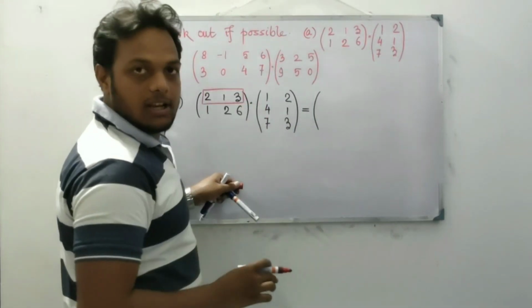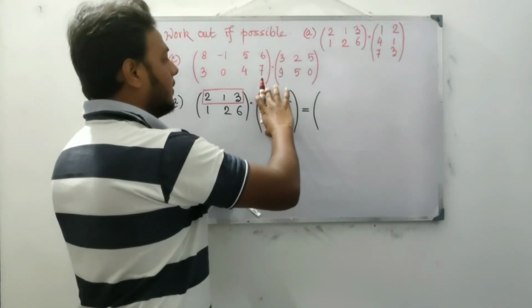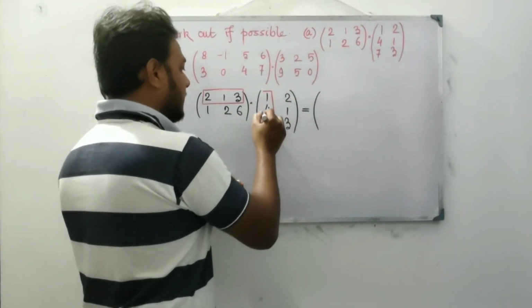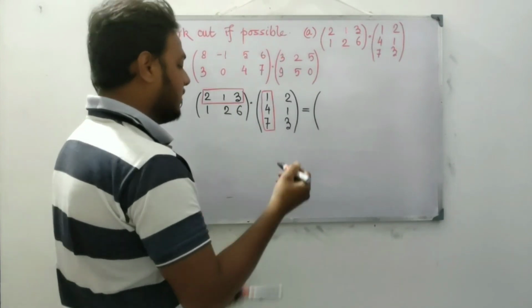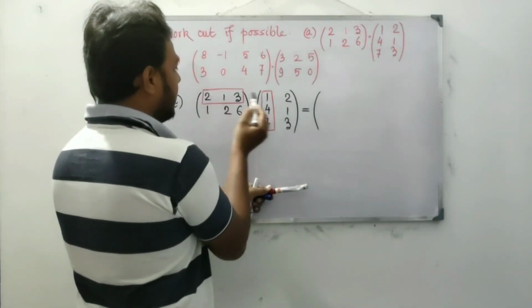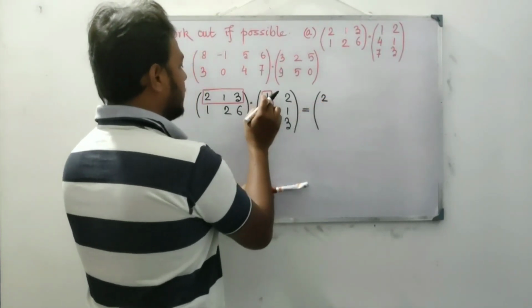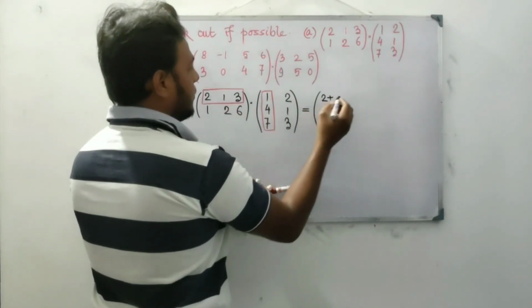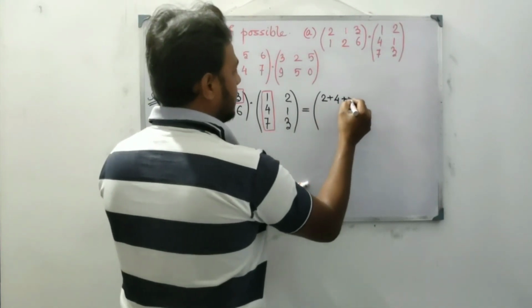We have to consider the inner product with the first column, after that the second column. So first I am considering this column. The inner product of these two will be first element into first element: 2 into 2, 2 into 1, 2, plus 1 into 4, that means 4, plus 3 into 7, 21.